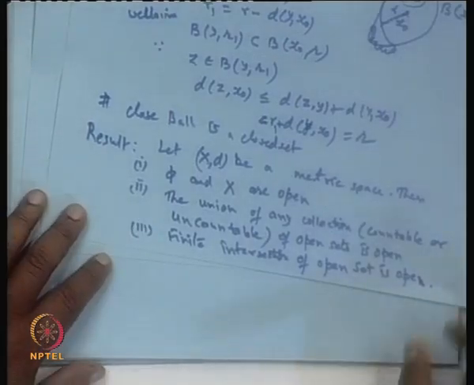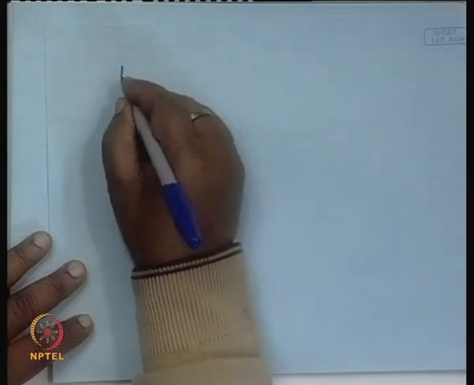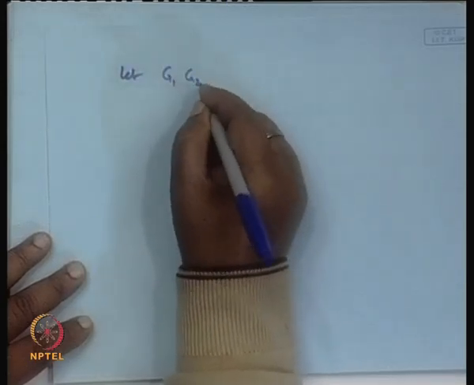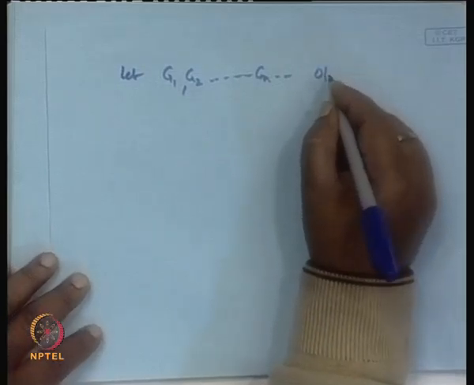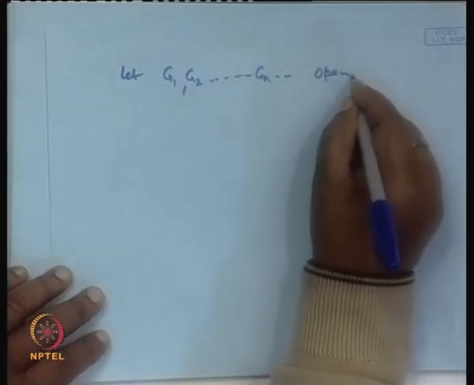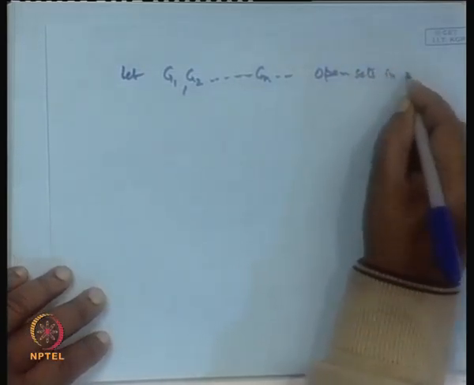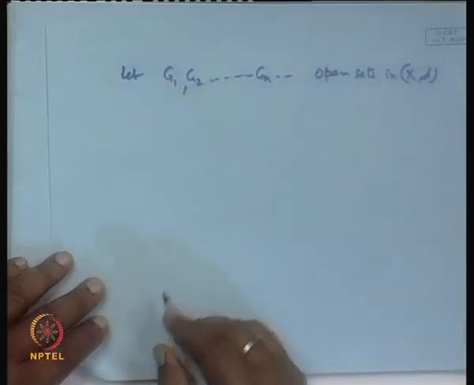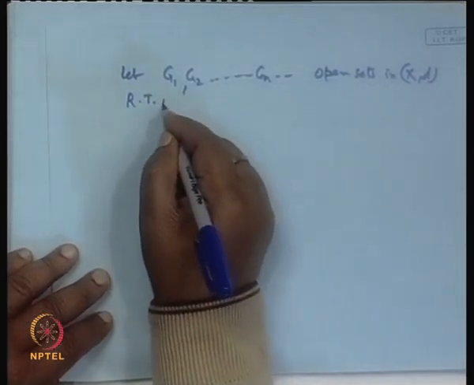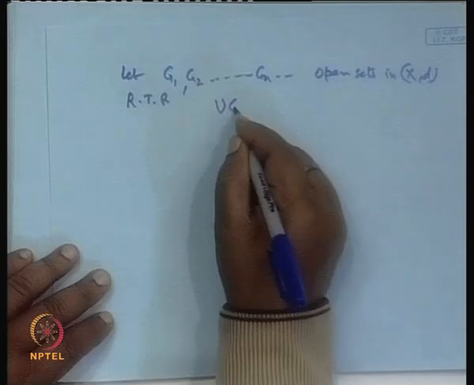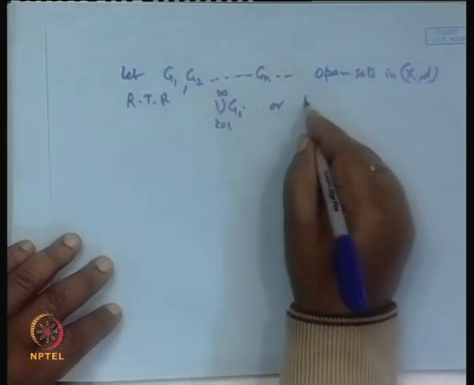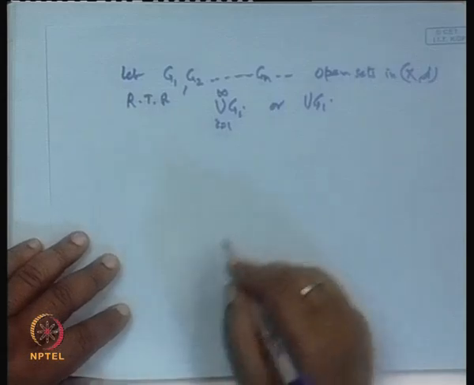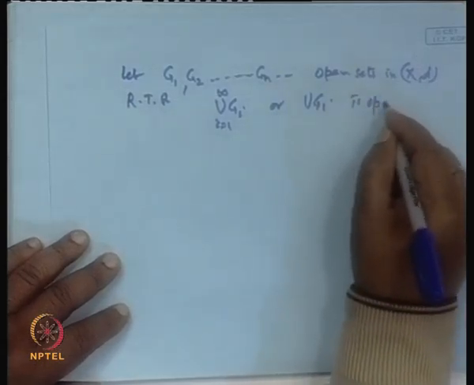For the second part, suppose G1, G2, ..., Gn are open sets in a metric space (X, d). Then we wanted to show that the union of these G i, a countable union or maybe an arbitrary union, is open.